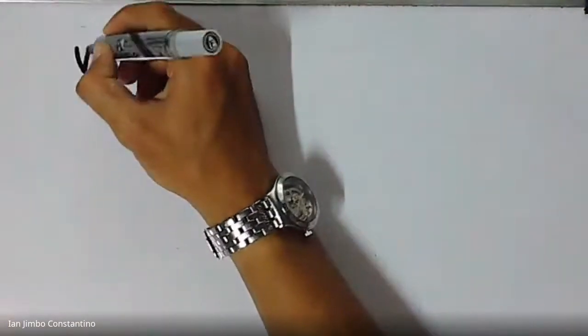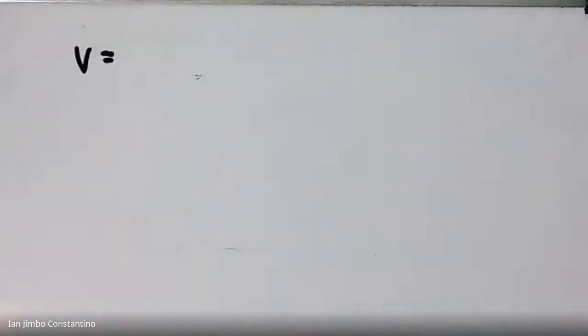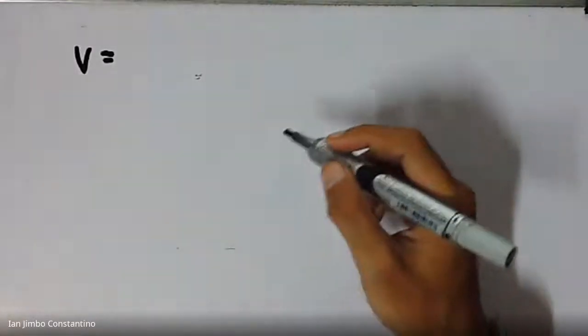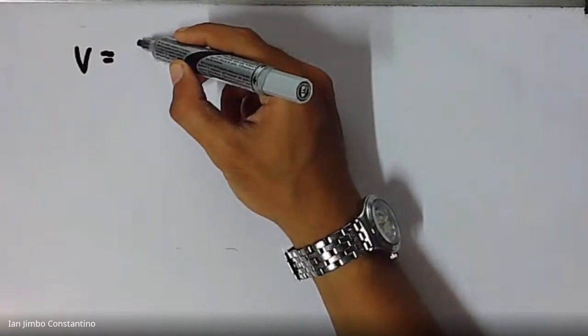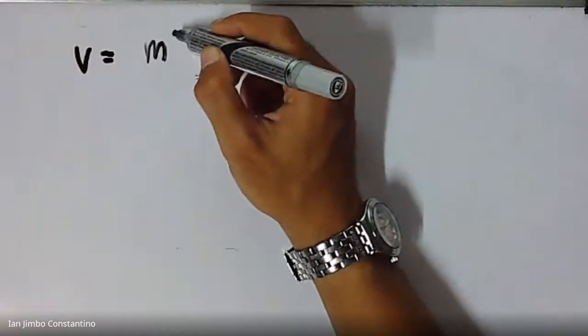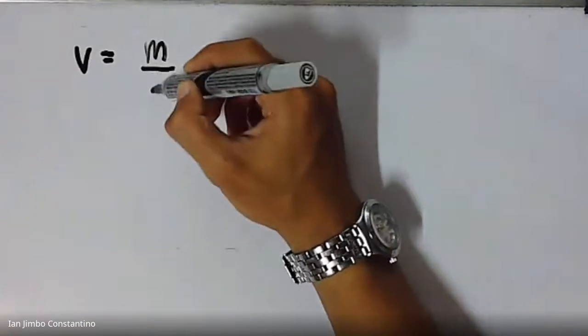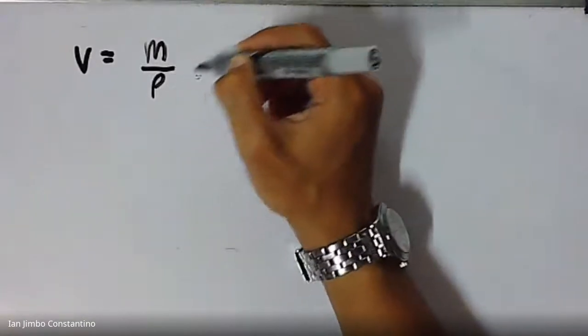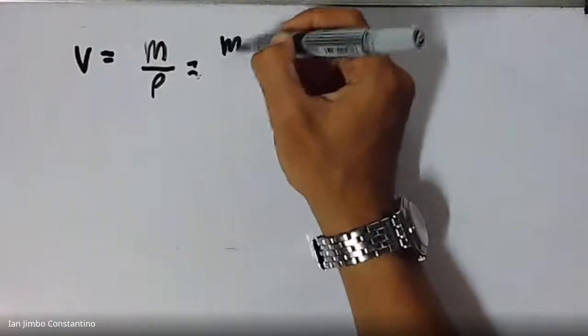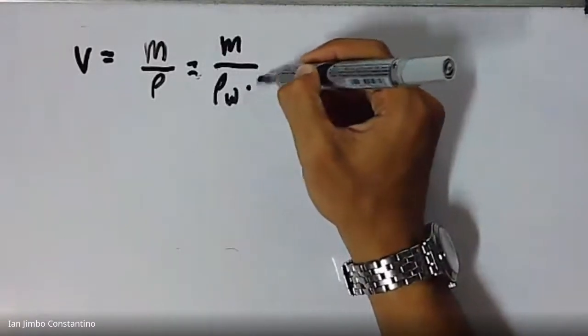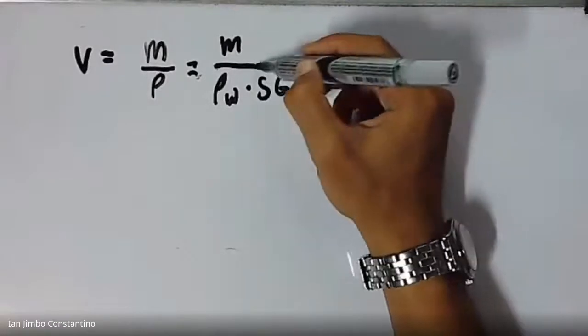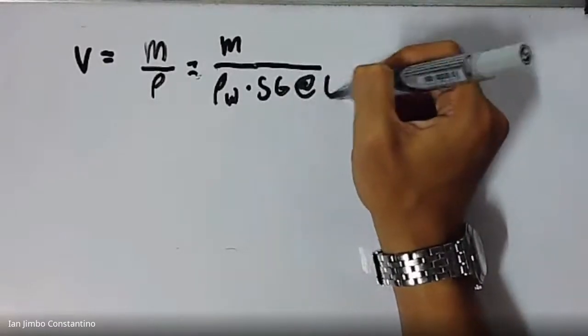Let's see. Since the volume is given by the mass divided by density, and then the density of your fuel is equal to the density of water multiplied by the SG or the specific gravity at given temperature.